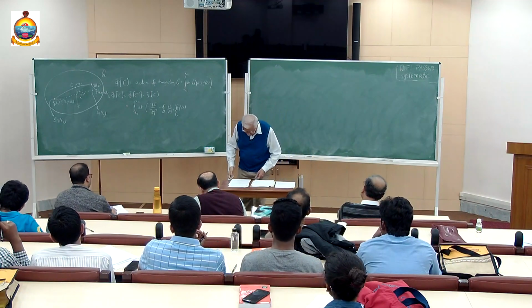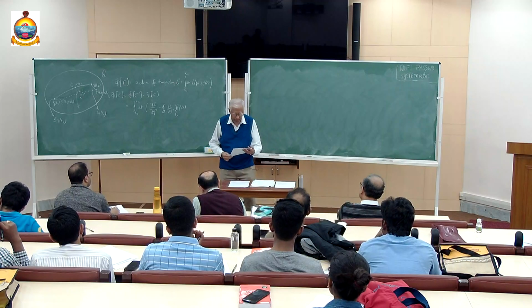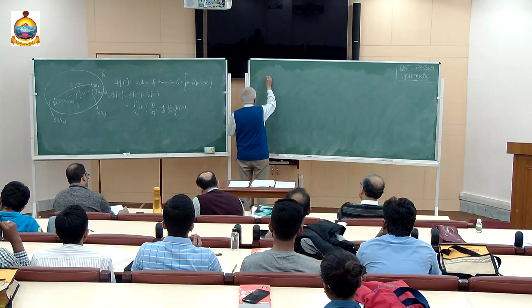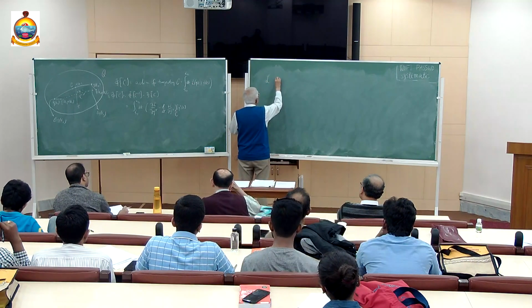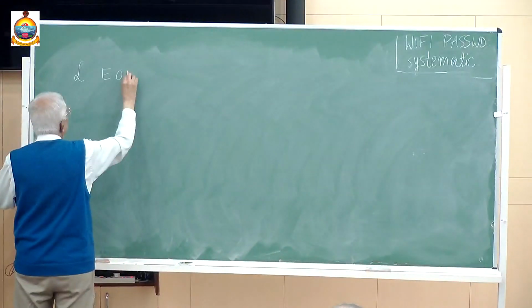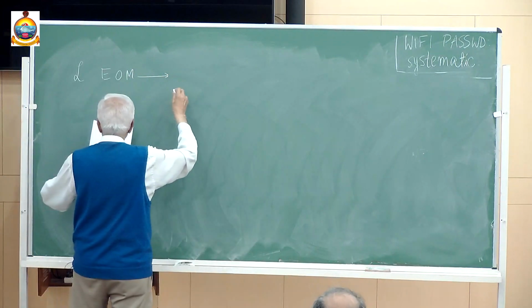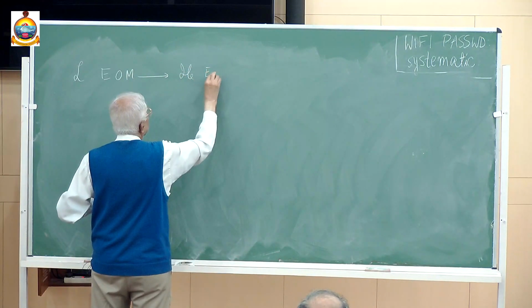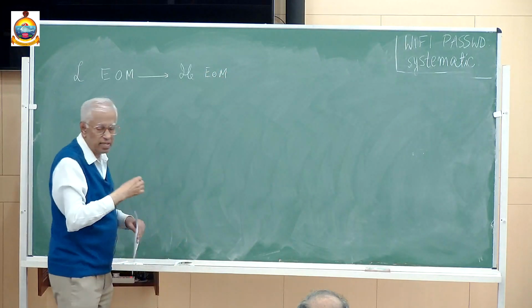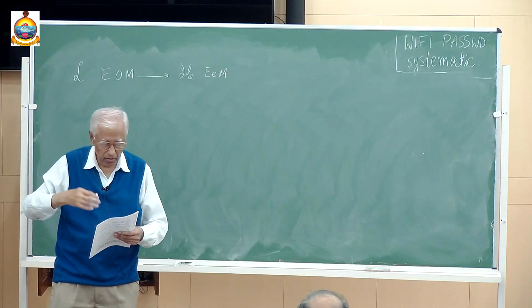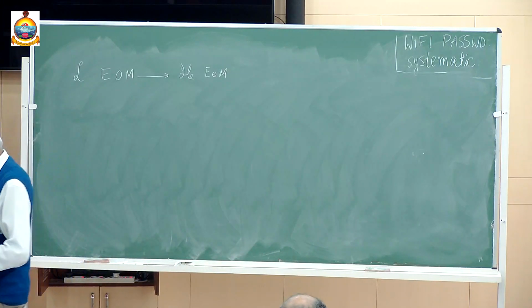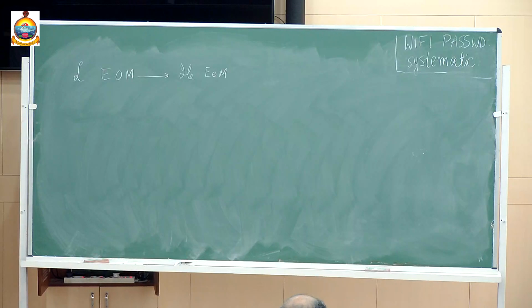Okay. So now I come to the next topic, and that is the transition from, I will use this shorthand notation, the Lagrangian form of the equations of motion to the Hamiltonian form of the equations of motion. We have seen already the transition from the Newtonian to the Lagrangian form, and now I go to the next step. I had mentioned this yesterday morning.